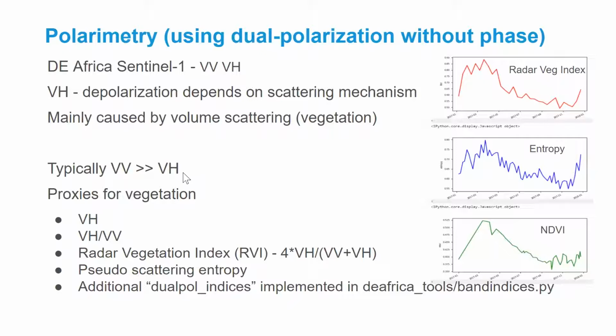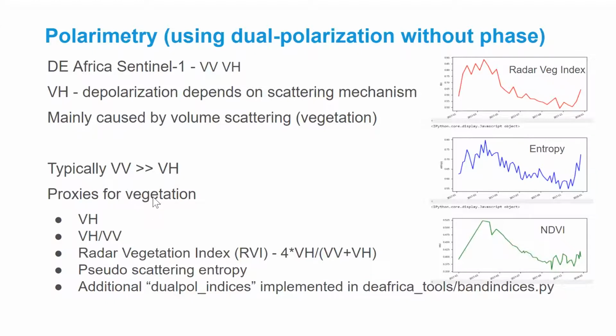And if you look at the radar images, you would also notice that VH usually has a much lower intensity than VV, so that most of the polarization stays the same, and some signals change the polarization.